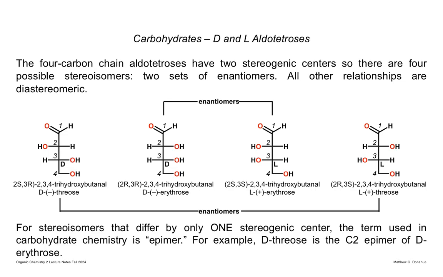So this slide is showing you aldotetroses, the 4-carbon chain aldoses, and we said there were 2 stereogenic centers, so 4 total stereoisomers. Of that, we have 2 pairs of enantiomers. And then every other relationship is diastereomeric.